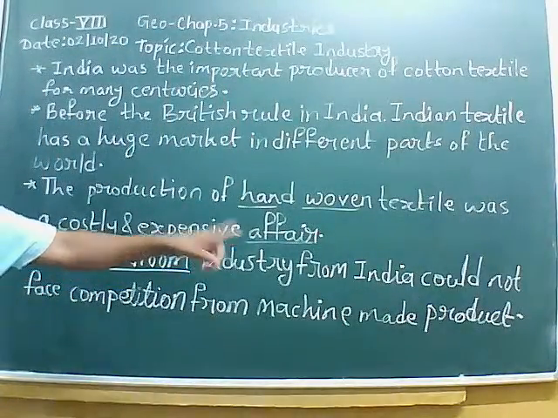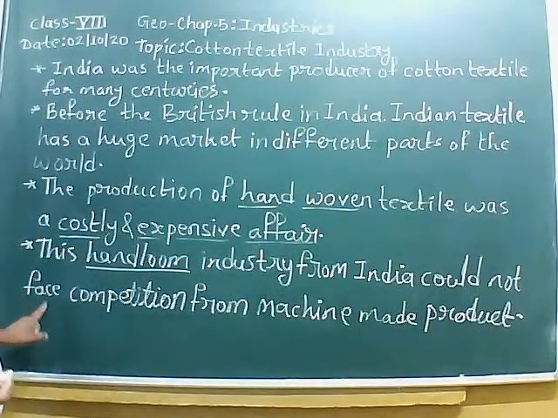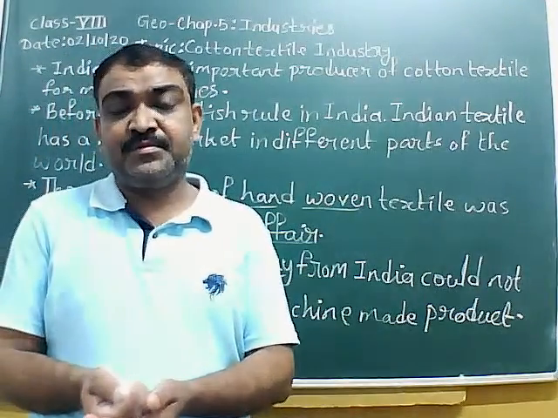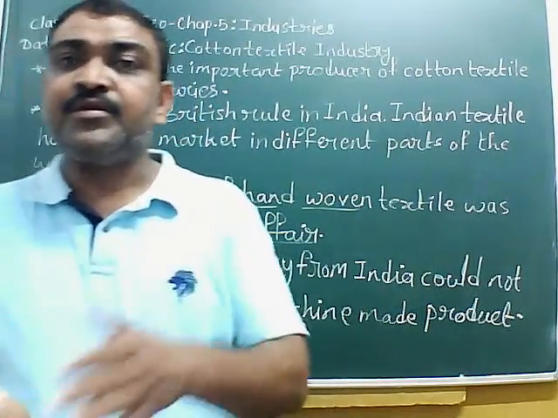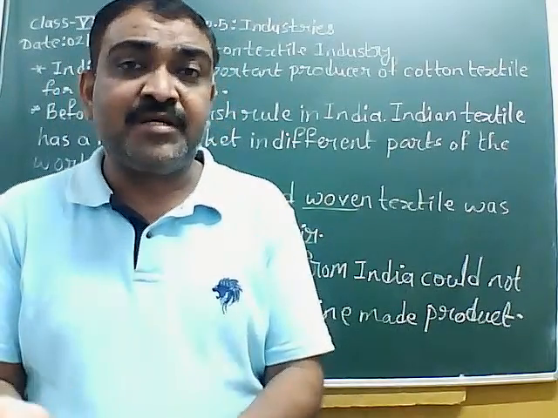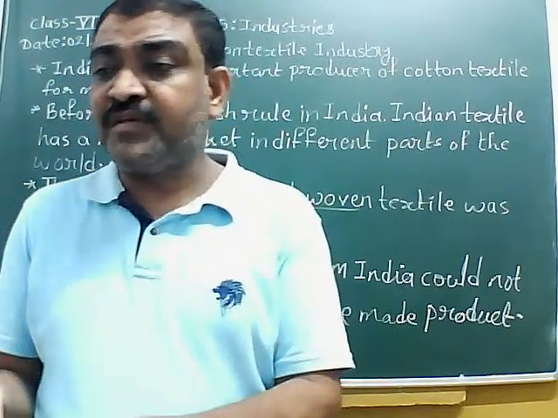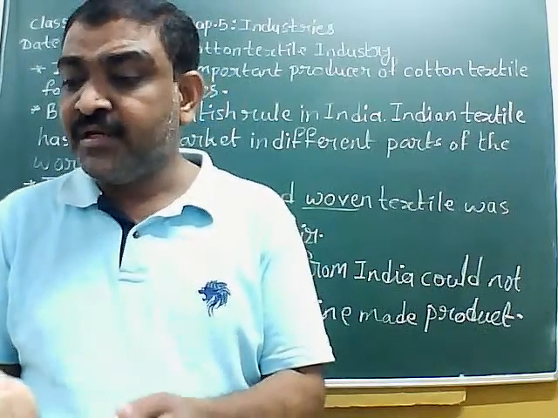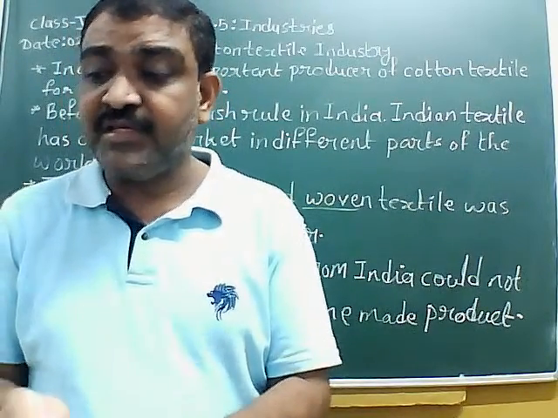This handloom industry from India could not face competition from machine made product. वो जो यूरोपियन कंट्रीज में मशीन मेड प्रोडक्ट थे उससे इंडियन टेक्सटाइल इंडस्ट्री क्या नहीं फेस कर पाई, कंपटीशन फेस नहीं कर पाई.